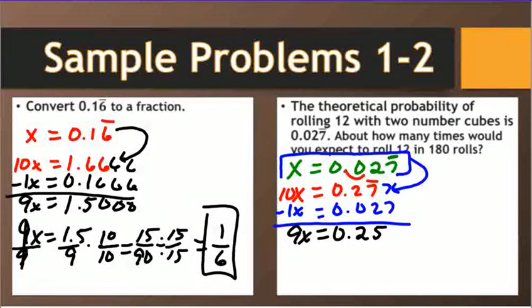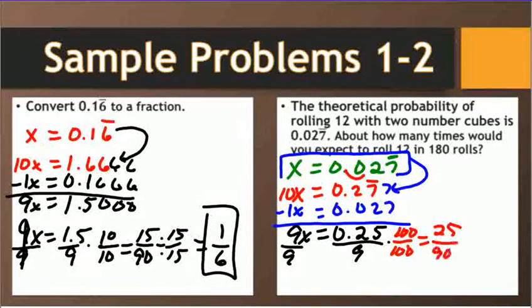To get x by itself, I divide by 9. But I can't have decimals in my fraction, so I'm going to multiply this by 100 to get rid of my decimal. Multiply the bottom by 900, so I have 25 over 900. And I can simplify that by dividing the numerator and denominator by 25.